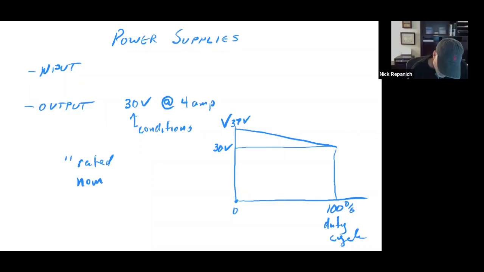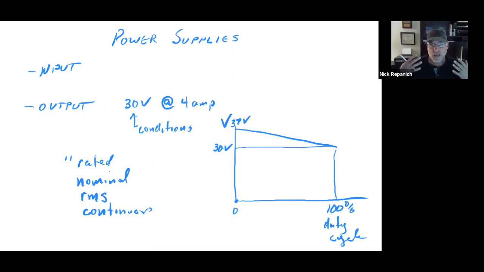nominal, RMS, let's see, what is continuous? You'll see the words continuous. These are all words that are generally kind of synonymous, and when you see something that's a 30 volt power supply, it's probably not the peak.